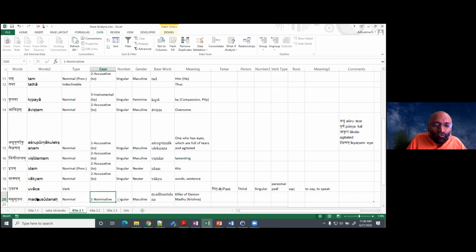That means Madhusudana said, the Lord Krishna said. So this is clear. So Sanjaya is saying that Lord Krishna spoke. What did he speak? Then you have to see the second case to see what did he speak. So look at all the second case words here. There are so many words, 6 words in total.